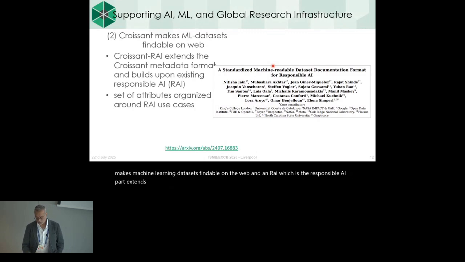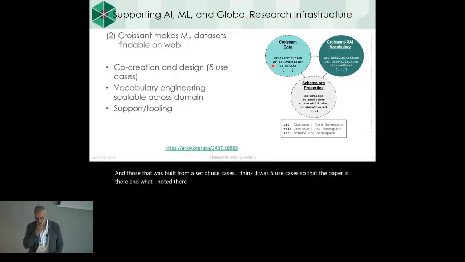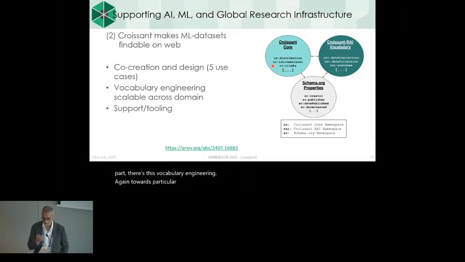And that was built from a set of use cases. I think it was 5 use cases, so the paper is there. And what I noted there was that, again, there's this co-creation, this community part, this vocabulary engineering, again, towards particular domains. So it says that you need to develop some domain-specific extensions to that.